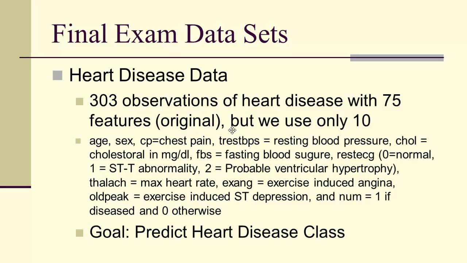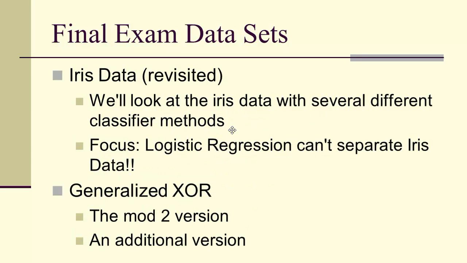And the idea is to try to predict whether or not somebody has heart disease or not, primarily as a way of determining which of these features are most important. In particular, how important is cholesterol? How important is chest pain to be an indicator of heart disease? And so we'll be working with that. We'll also revisit the iris data.